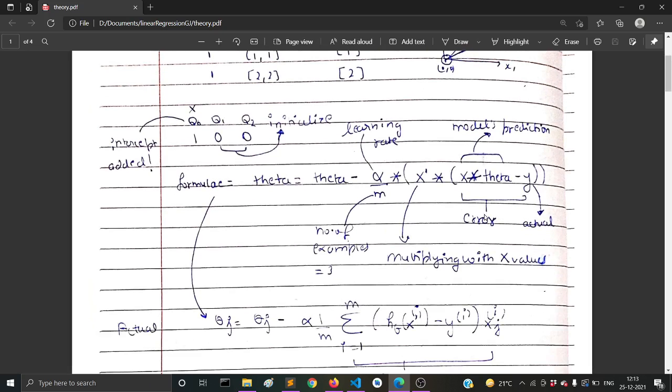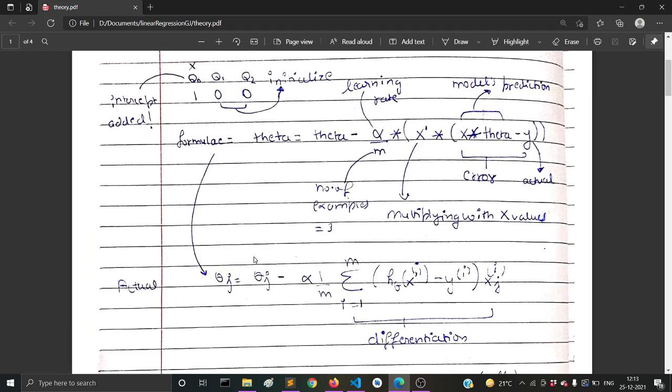So, what's the theory behind this? We mainly need to consider the formula that updates the thetas. That is called gradient descent. So what is gradient descent?